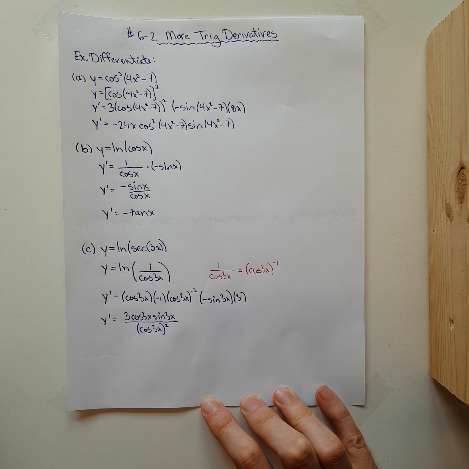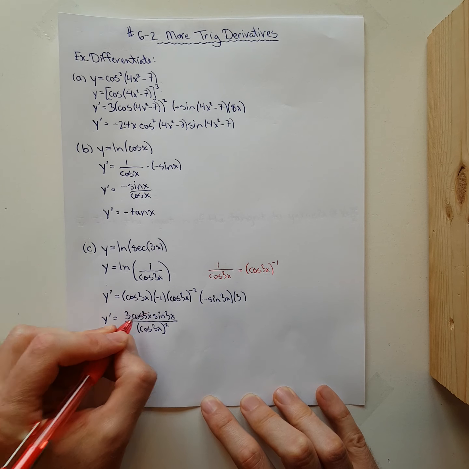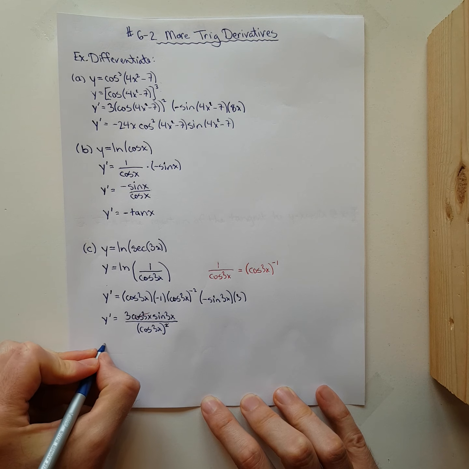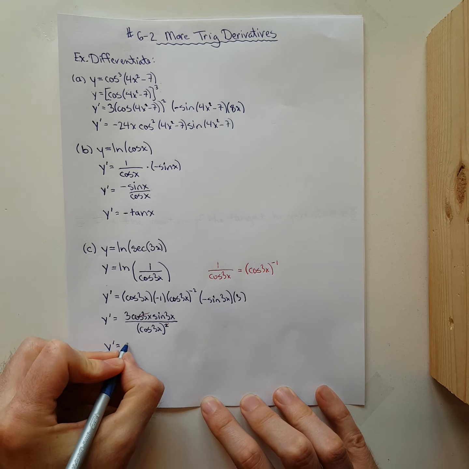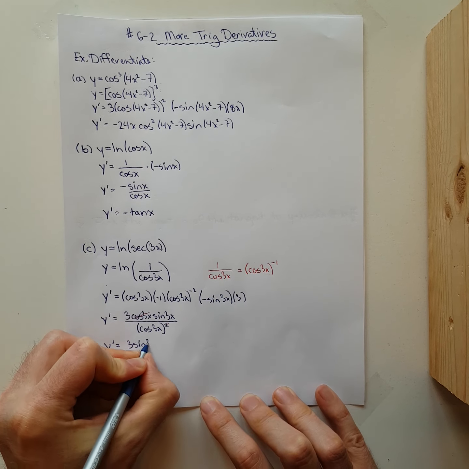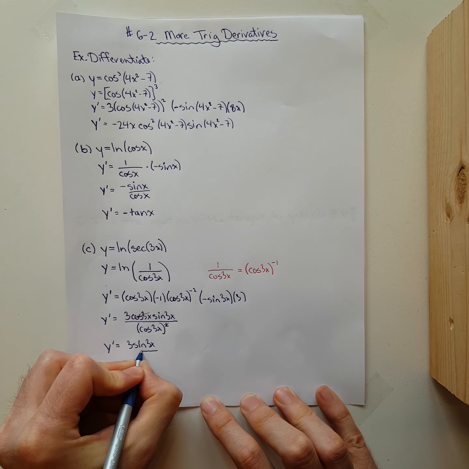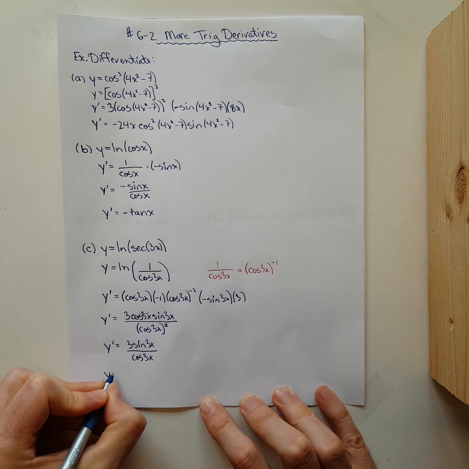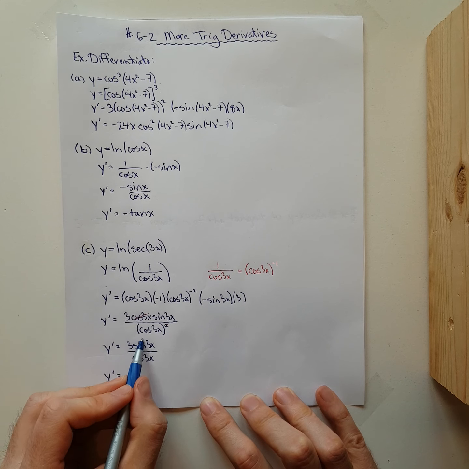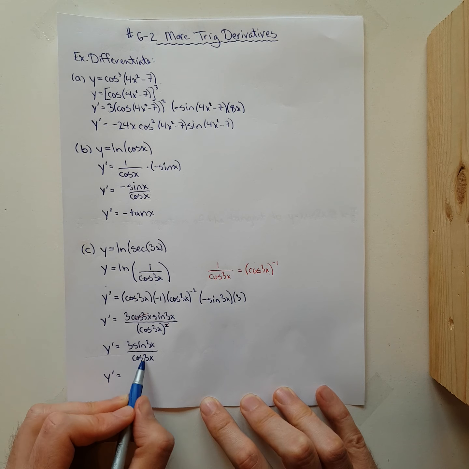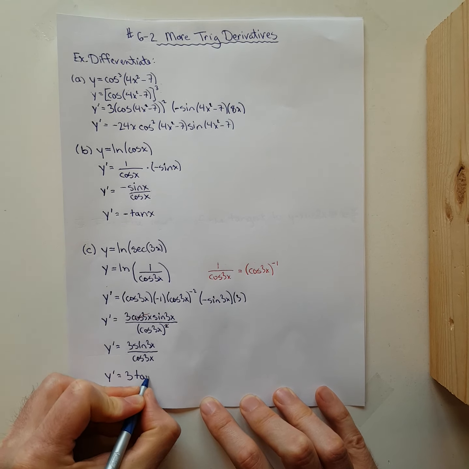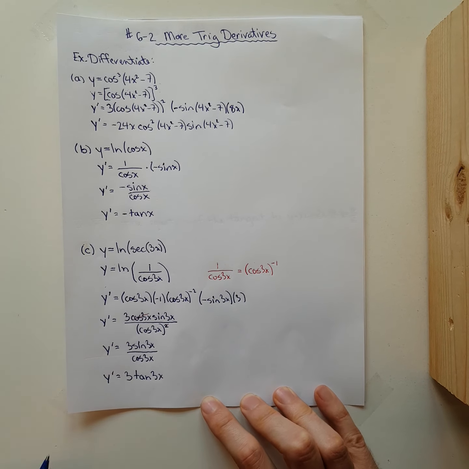We can do a little bit of simplifying. Cos 3x and cos 3x. One of them will divide out from the denominator, so that we have 3 sine 3x all over cos 3x. And then like we did in our last example, I can actually say here I have sine over cos. The argument is the same for both of them. So this is the same as 3 tan 3x.